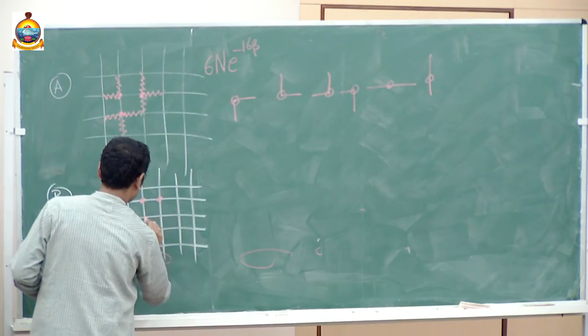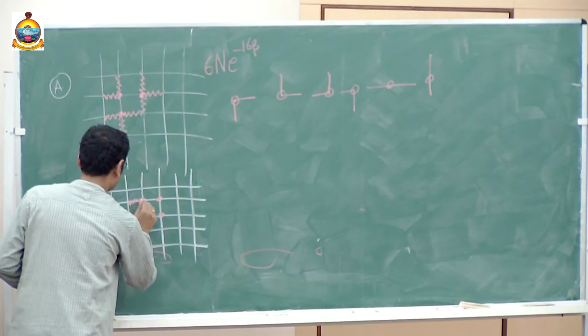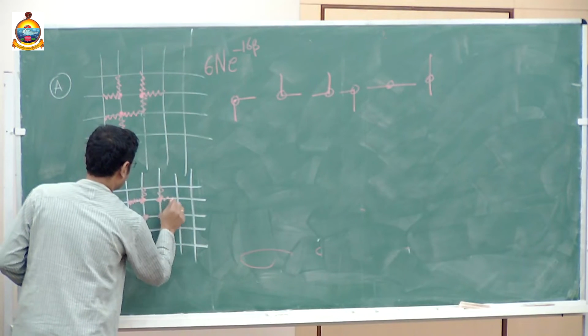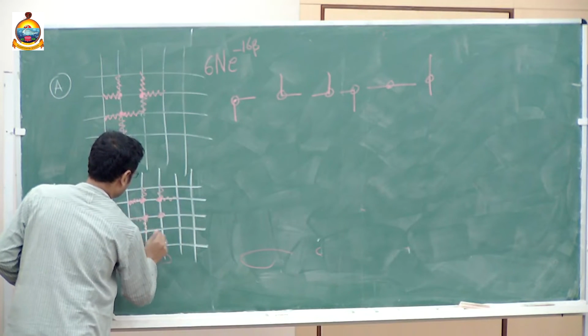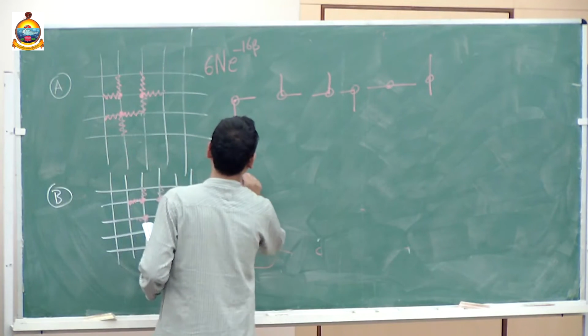So these are the 4 spins, let's say, which I flip, right? Then of course, these are the bonds, which are the wavy bonds, right?